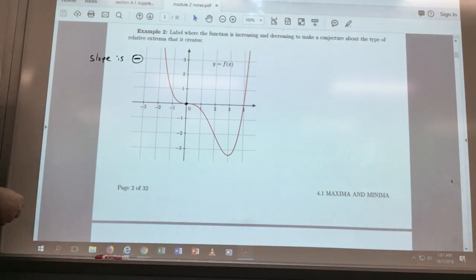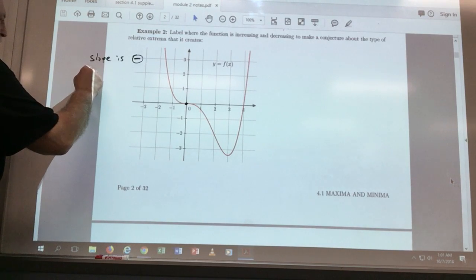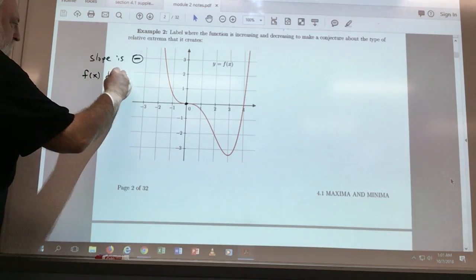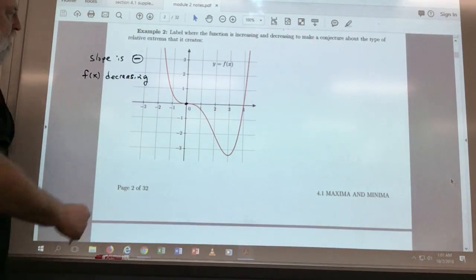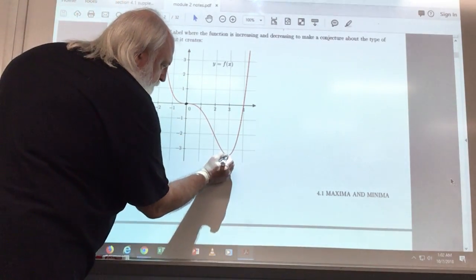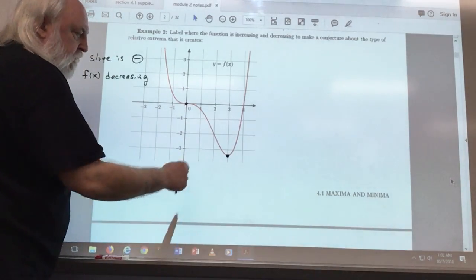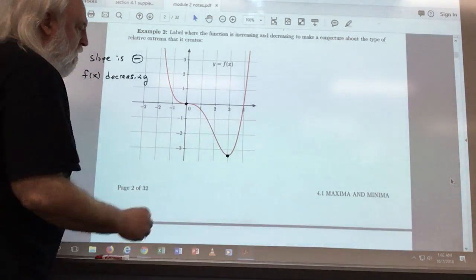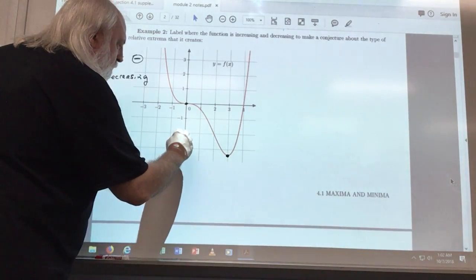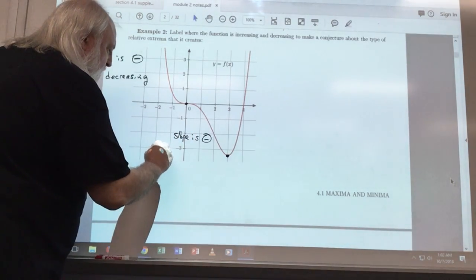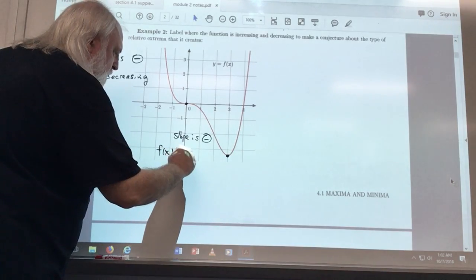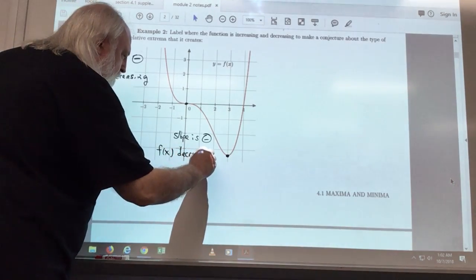So we say f of x is decreasing. From this point to this point, we're still going downhill, okay? So the slope is negative, and the values of the function are continuing to decrease.